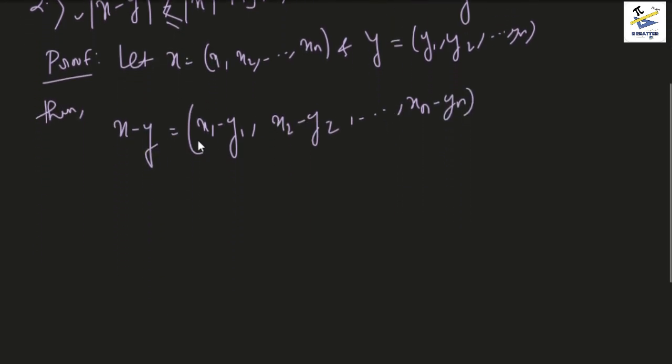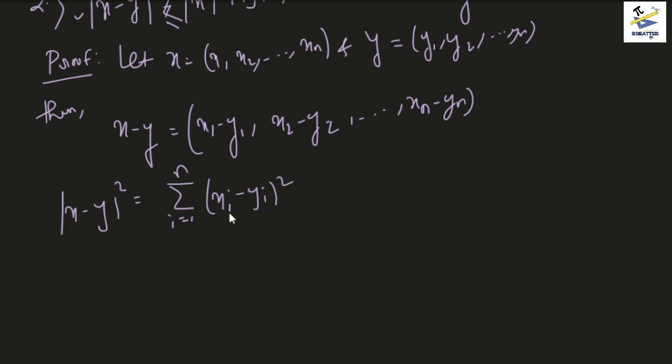So mod of x minus y whole square, let us write it in terms of components, is simply the sum for i equals 1 to n of xi minus yi whole squared, right?